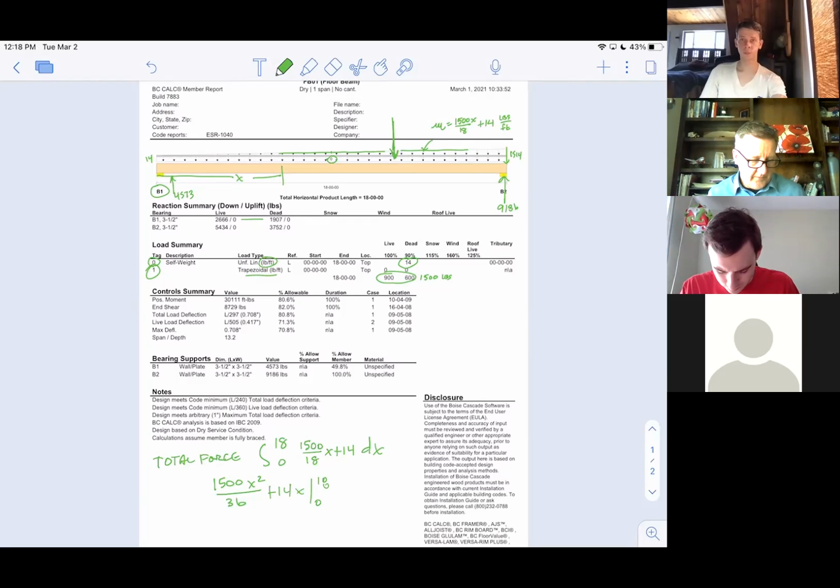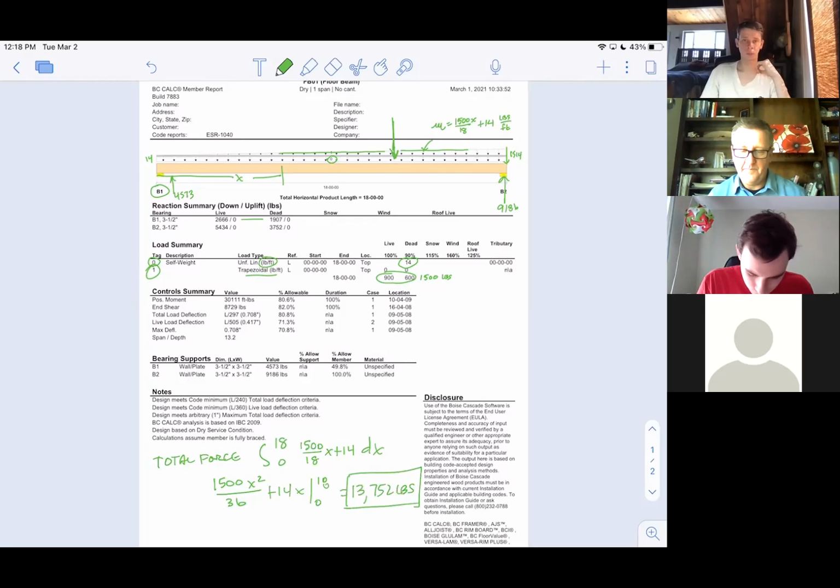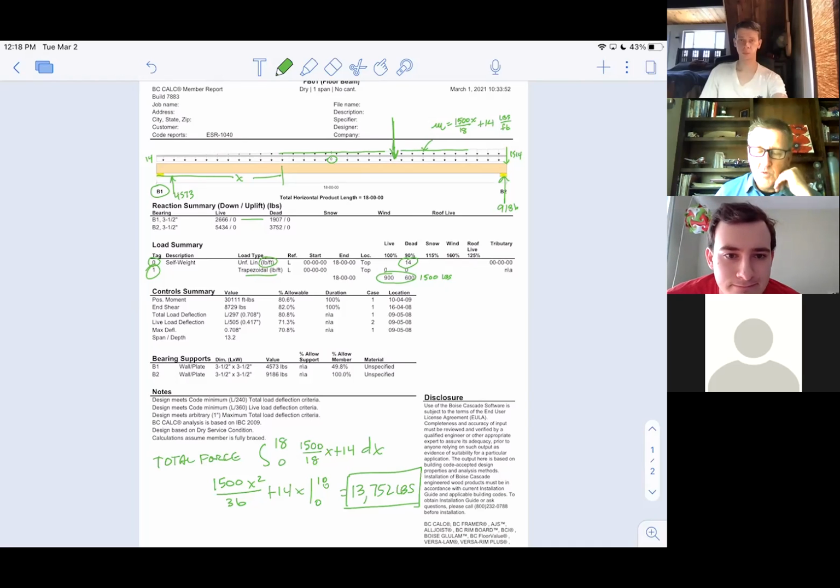So I say 1500 times 18 squared divided by 36 plus 14 times 18, and I get 13,752 pounds, which is all of those added together.